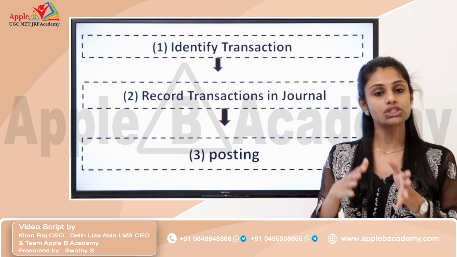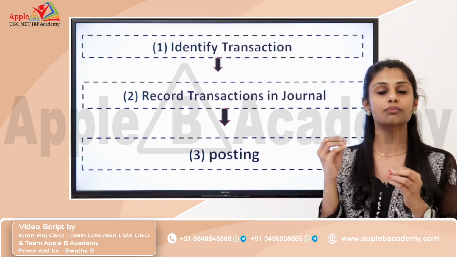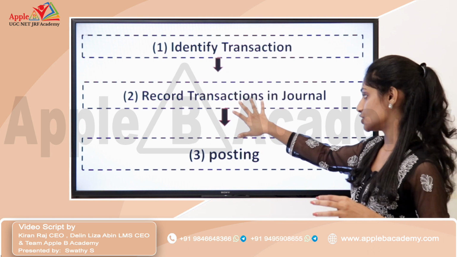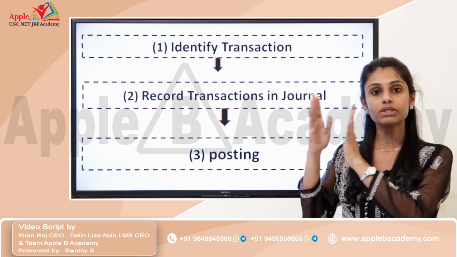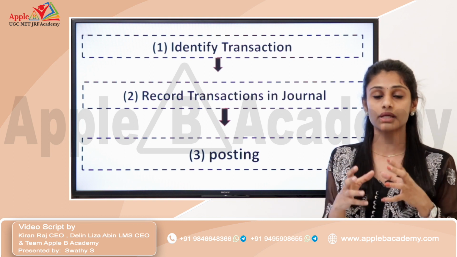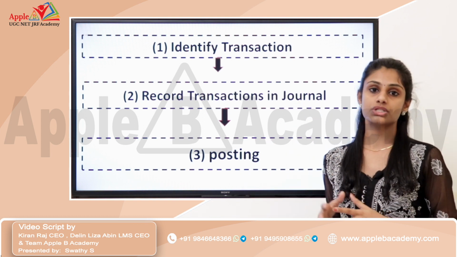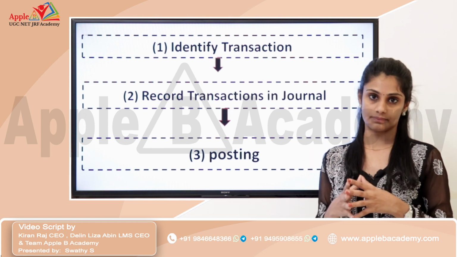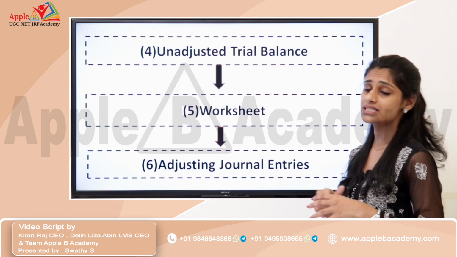There will be a cash ledger and a capital ledger, and you have to post the amount to all these accounts from the journal. The process of transferring these entries from the journal to the ledger is known as posting.